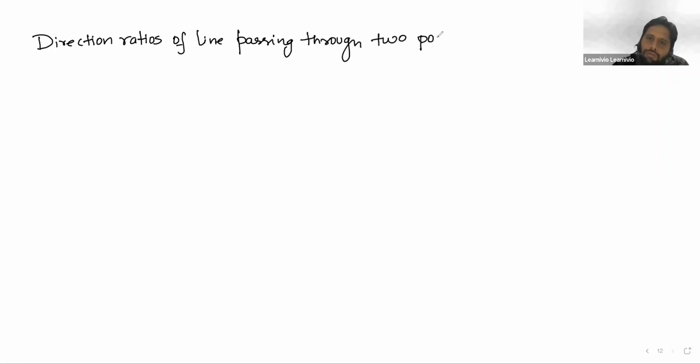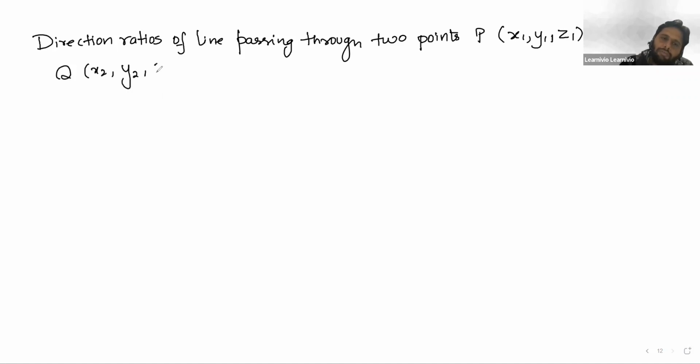P is the point x1, y1, z1, and Q is x2, y2, z2. So, the direction ratio of a line passing through these 2 points. So the formula is, okay, so what will be PQ?